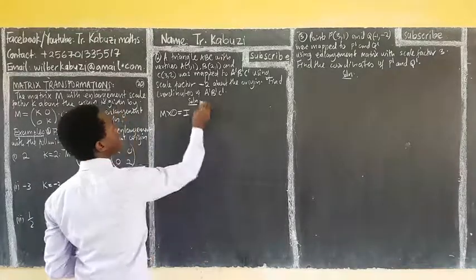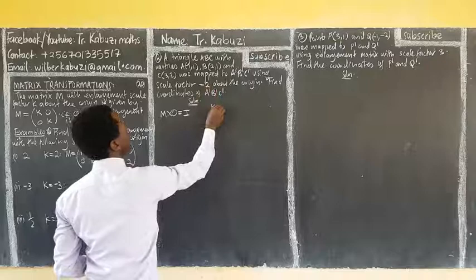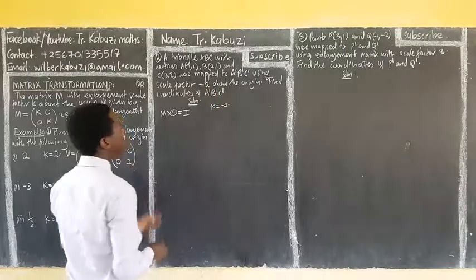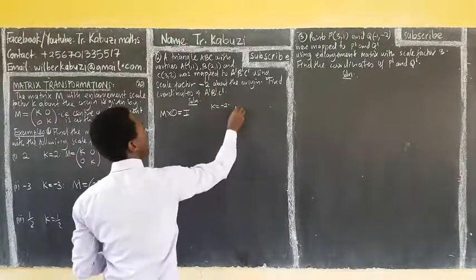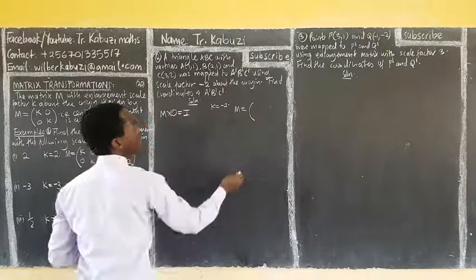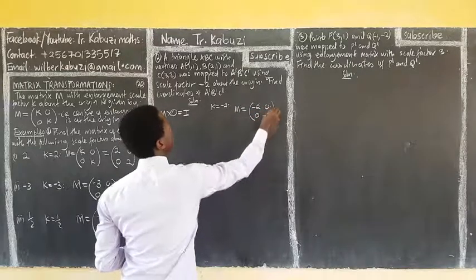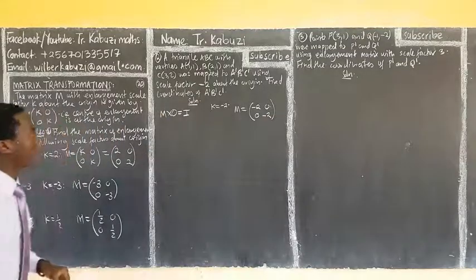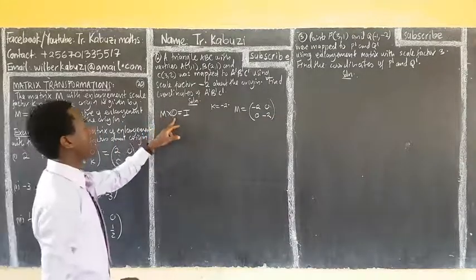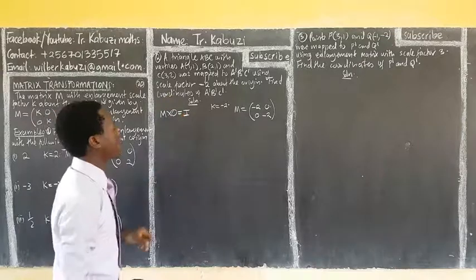Now our scale factor K is negative 2, meaning our matrix N is negative 2, 0, 0, negative 2. So now I have the matrix and I have the objects, I can get the images.